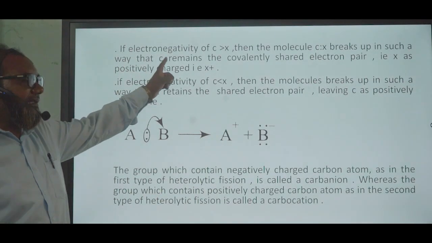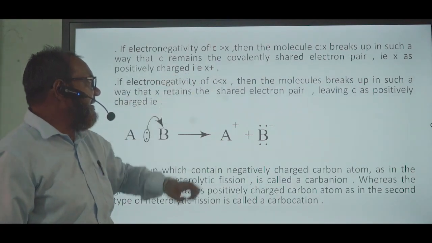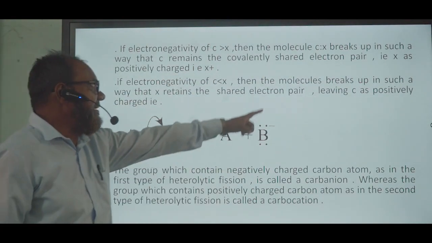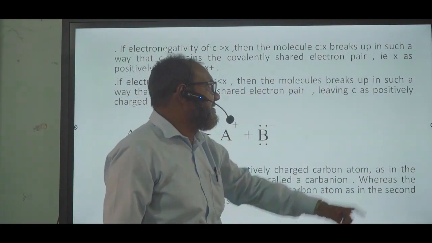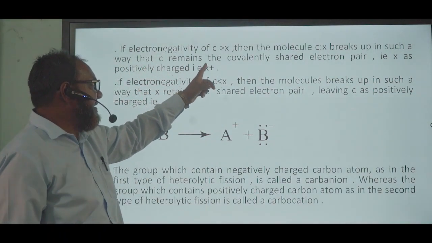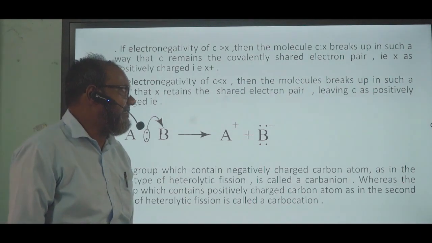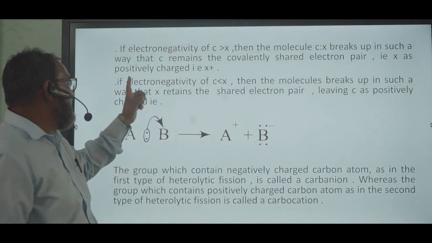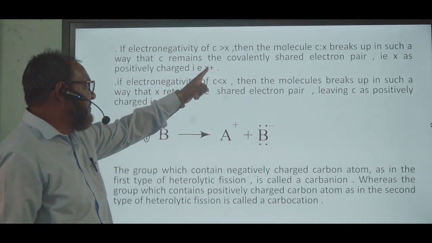If the electronegativity of carbon C is greater than X, then the molecule CX breaks up in such a manner that C retains the covalently shared electron pair, that is, X becomes positively charged, X positive.